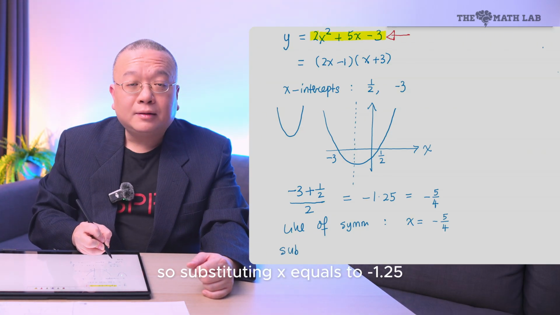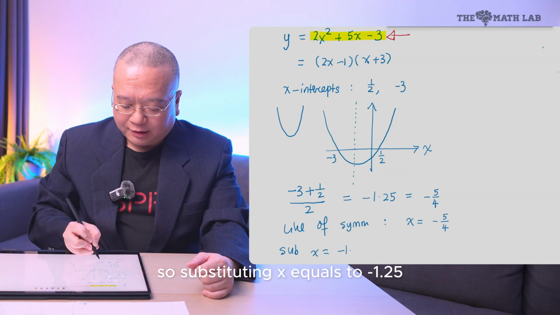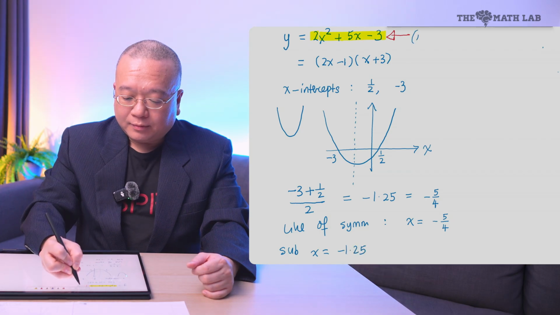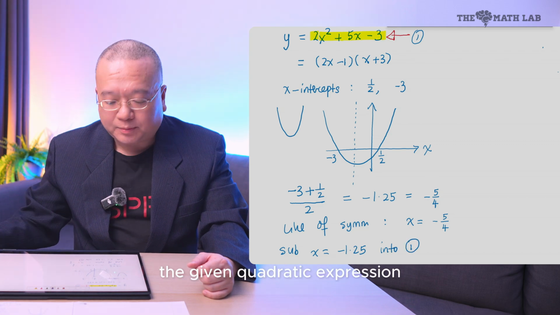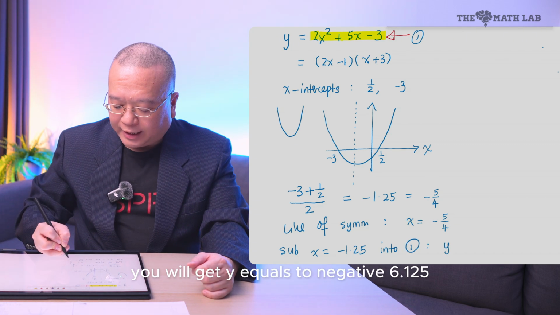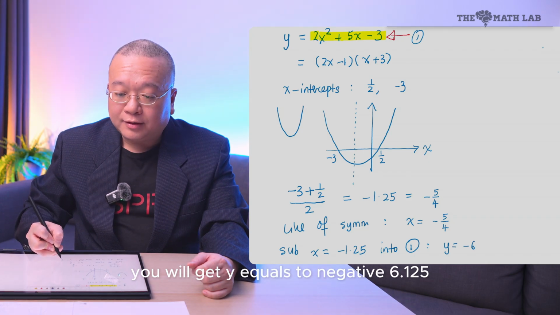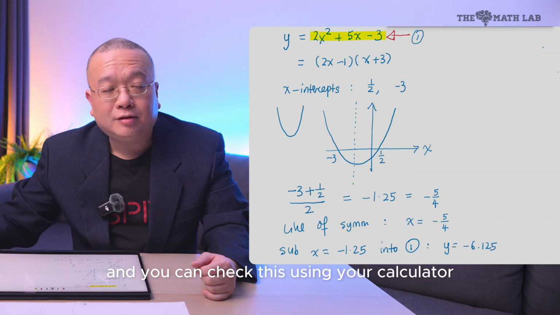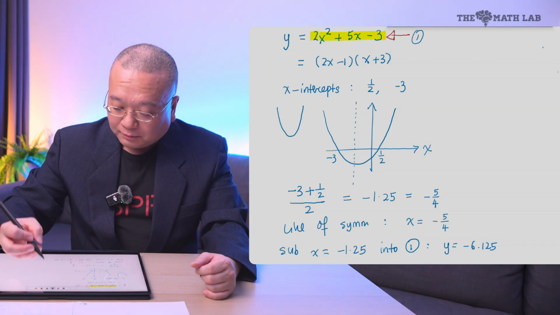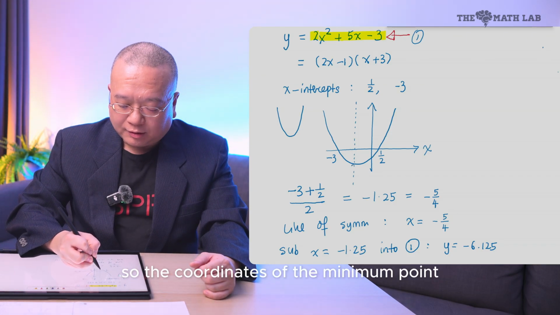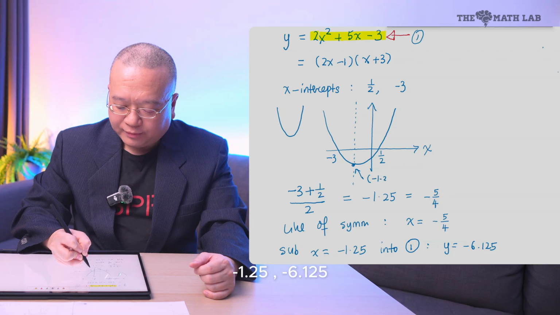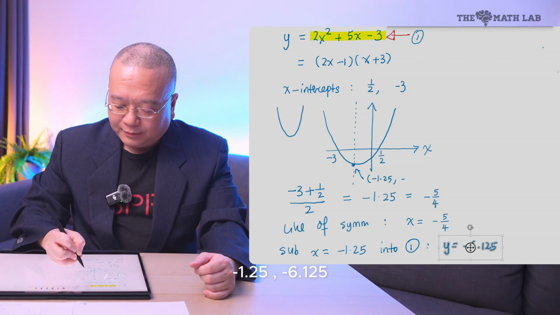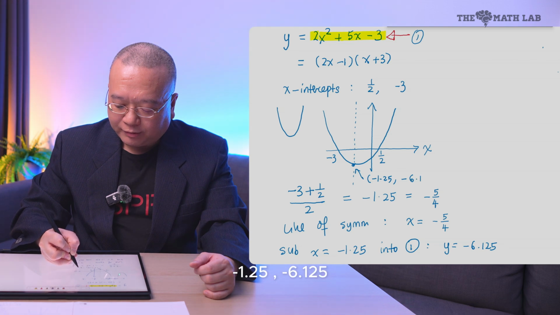So substituting x equals minus 1.25 into the given quadratic expression, you will get y equals negative 6.125. You can check this using your calculator. So the coordinates of the minimum point are negative 1.25, negative 6.125.